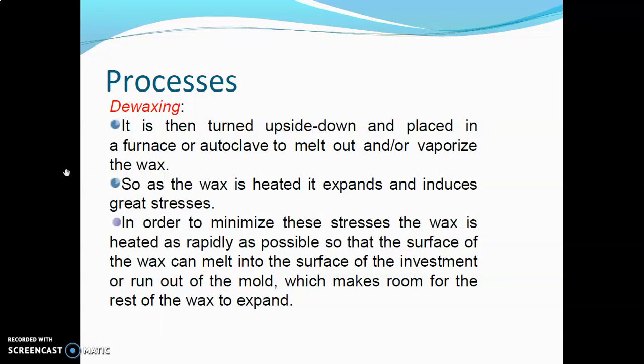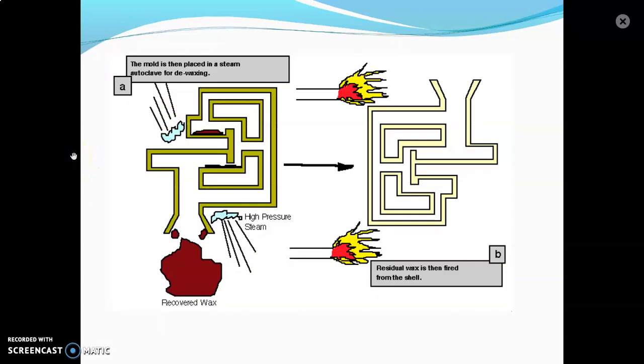In order to minimize these stresses, the wax is heated as rapidly as possible so that the surface of the wax can melt into the surface of the investment or run out of the mold, which makes room for the rest of the wax to expand. So it is explained in this figure.